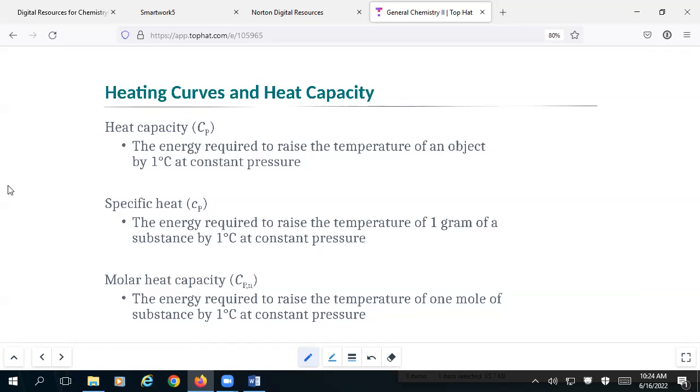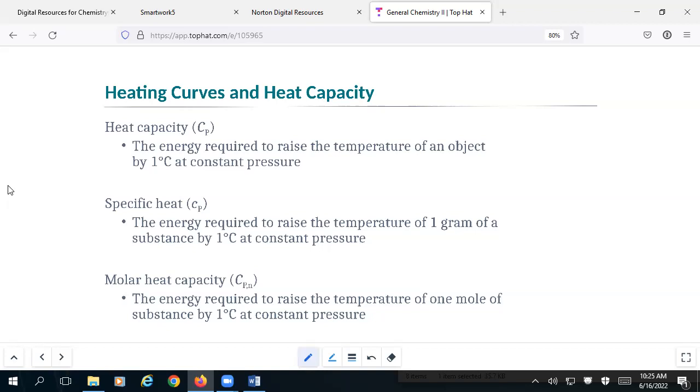One of the things that would help us to frame this calculation is the concept of heat capacity. Heat capacity is merely the amount of energy that it takes to raise the temperature of an object by 1 degree Celsius. Now notice that that heat capacity isn't standardized in any way.